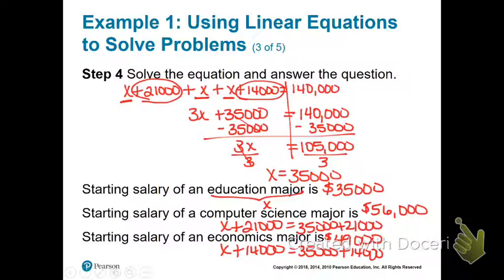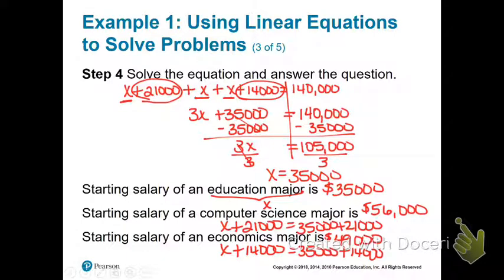Now, step 5 says to check it within the words of the problem, okay? So, thinking back to the words of the problem, it said that a computer science major exceeded education major by $21,000. Is $56,000 $21,000 more than $35,000? Yes, it is. It said the economics major exceeded the education major by $14,000. So is $49,000 $14,000 more than 35?